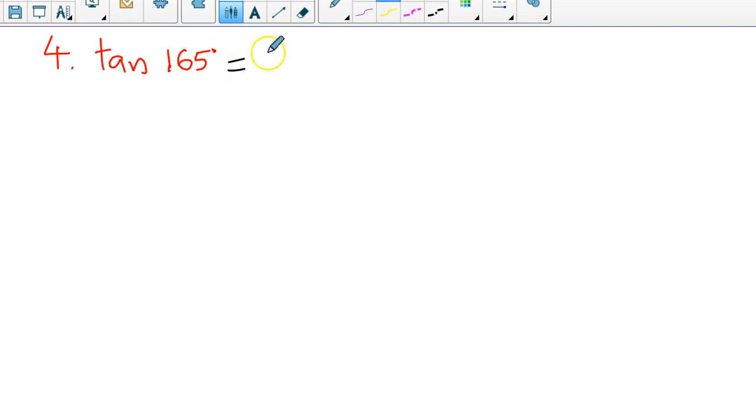It is equal to tan 45 plus 120, right? 45 plus 120 degrees is 165.